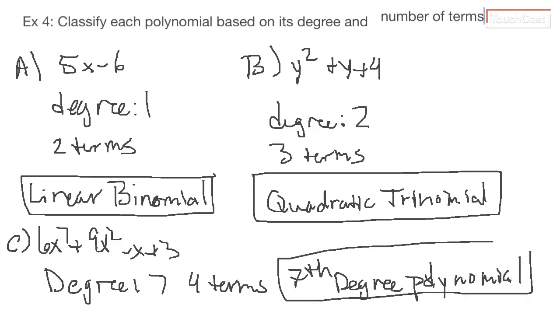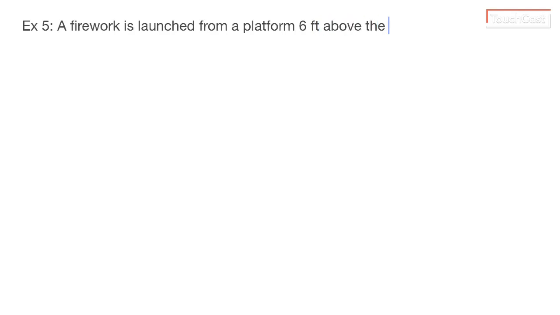And that is it. So let's look at one last example. It's going to be a word problem. It states a firework is launched from a platform 6 feet above the ground at a speed of 200 feet per second.